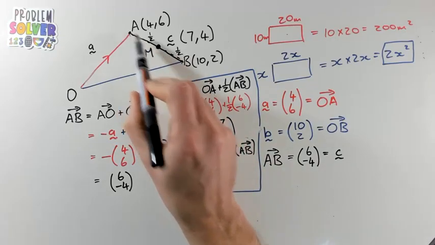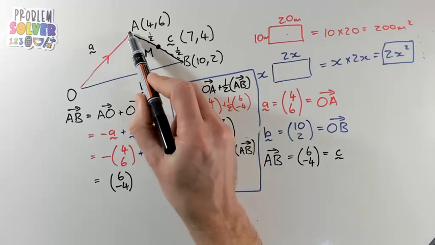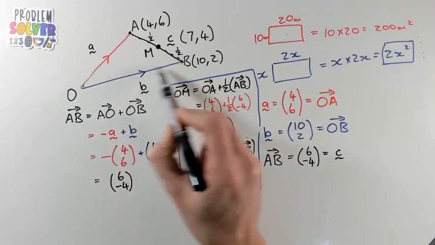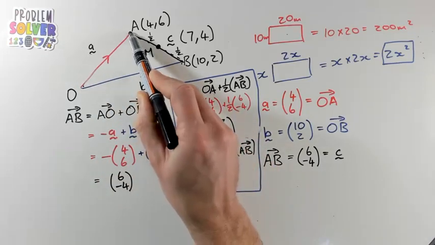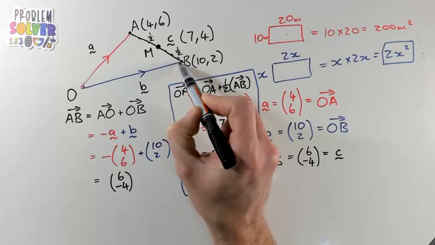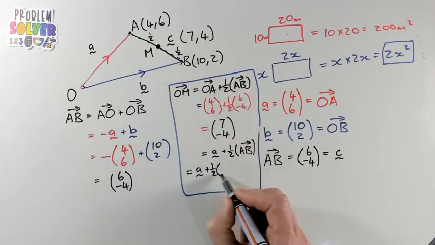I don't necessarily have AB, but I know AB is going from there to there. So AB is actually negative A plus B.